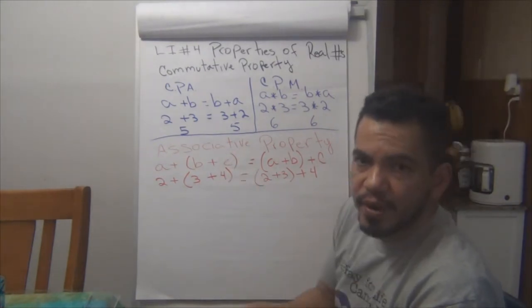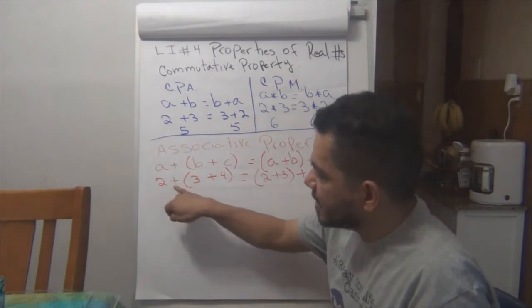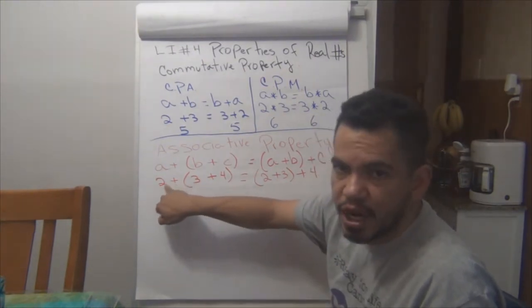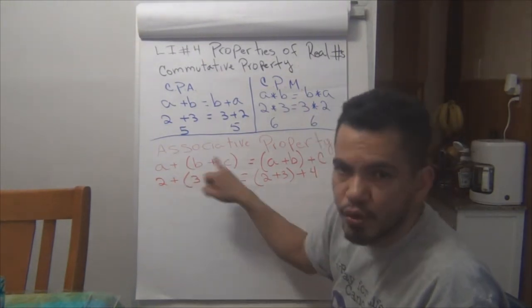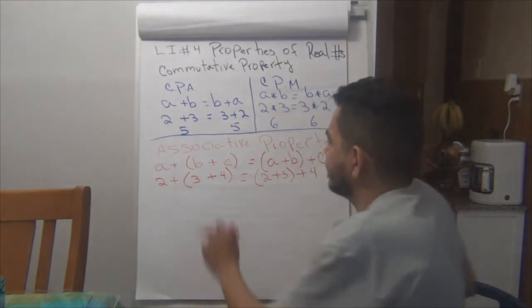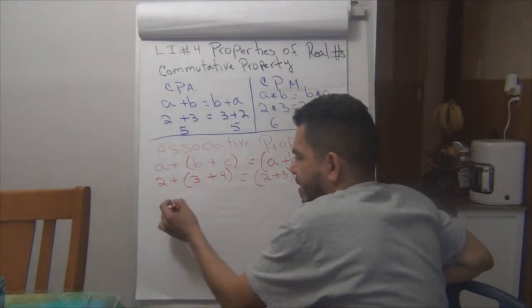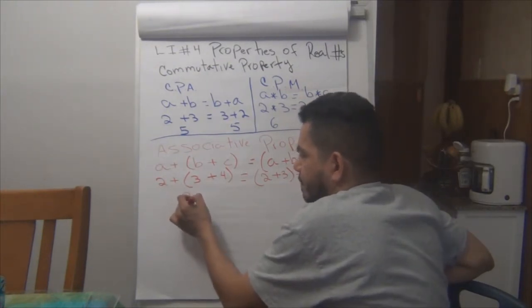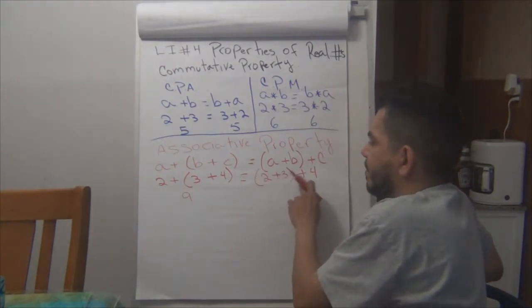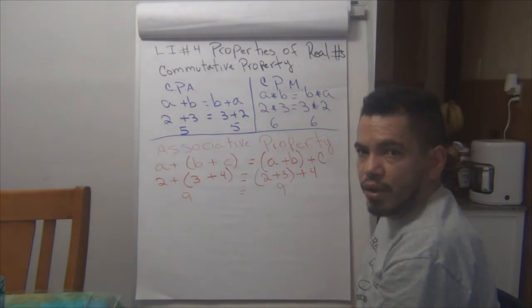I know you're used to parentheses being a sign of multiplication, but it's not. If you have a plus or a minus between a number and the parentheses, it's just grouping, it's not multiplication. Just keep that in mind, don't get confused. So let's see. 2 plus 7 is 9, right? And 5 plus 4 is 9. So it holds true.